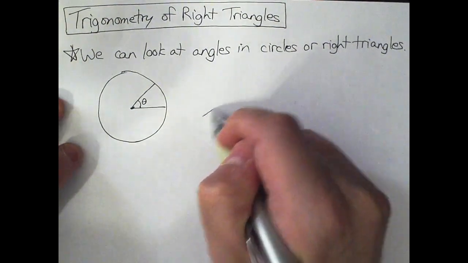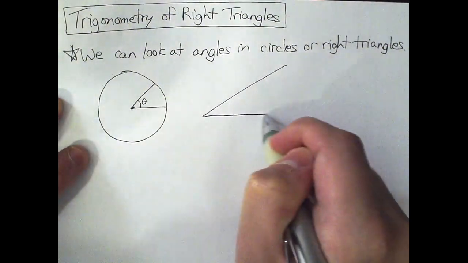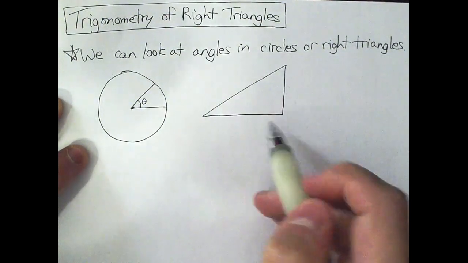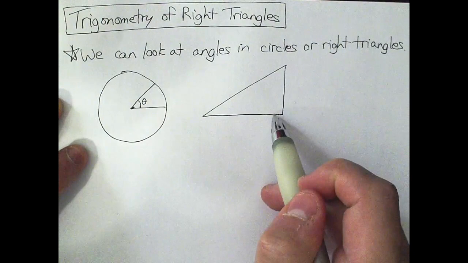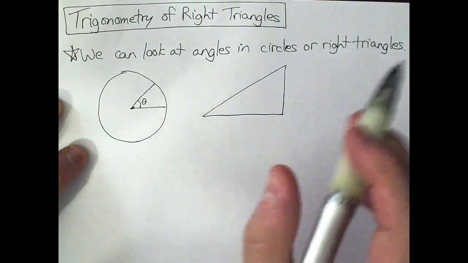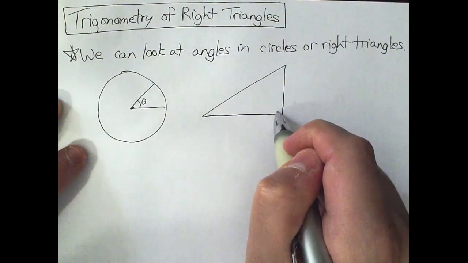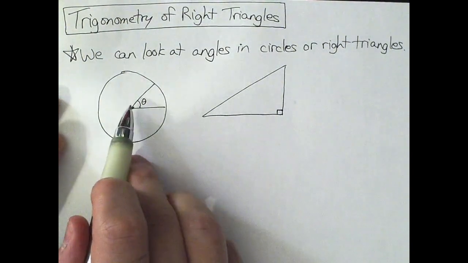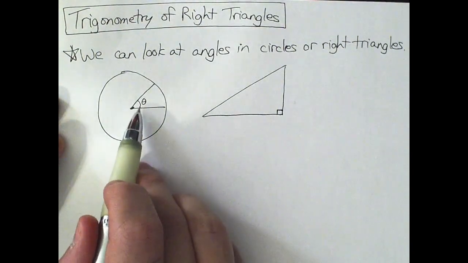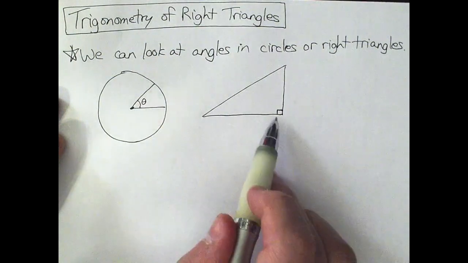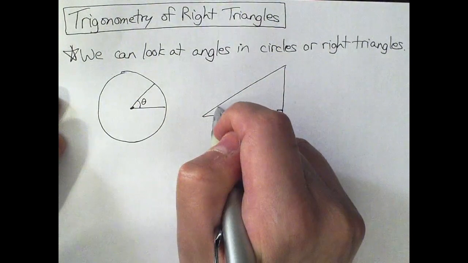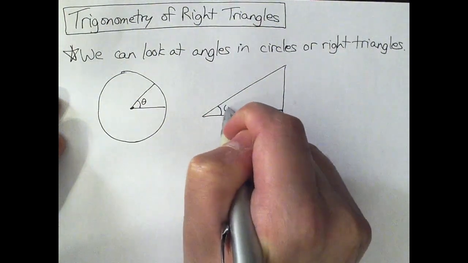So I'm going to draw an example of a right triangle. This angle down here is what 90 degrees looks like, and we sometimes indicate 90 degrees with a little square in the corner, whereas most other angles we indicate with a little curved line, or a right angle gets a little square instead. And I could look at this angle theta.